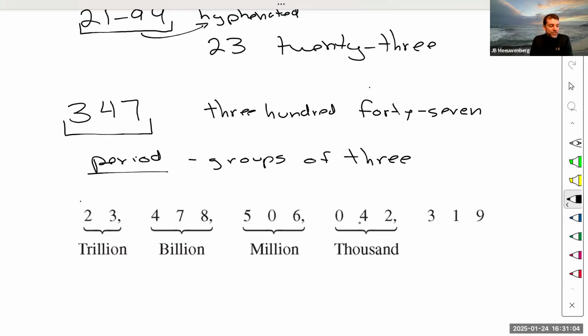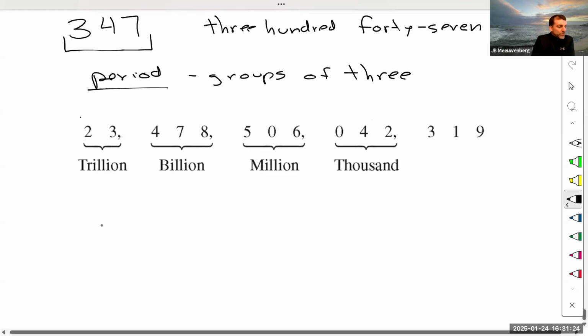So any of these digits here would be read with the word thousand after it. Then we bump into the next period, which are millions, grouped in 3s. Then we have billions, again, grouped in 3s. And then we have trillions, which are also grouped in 3s. Here we only show 2 of them.